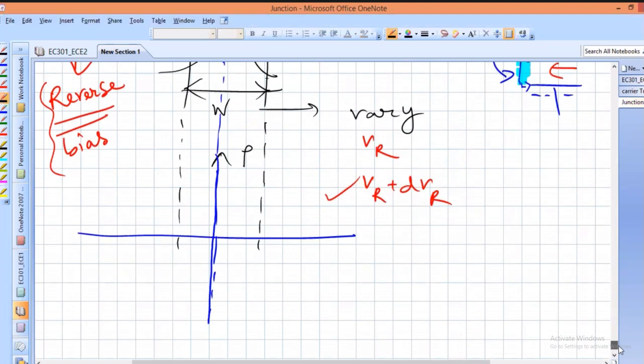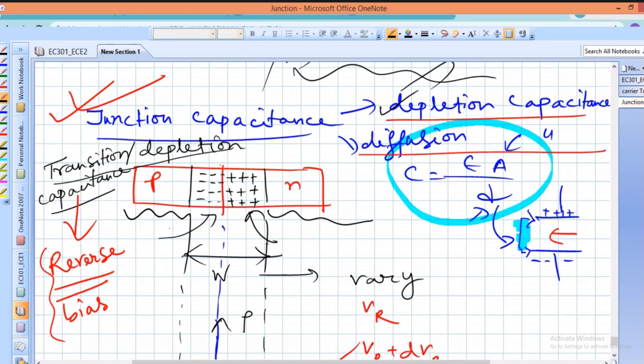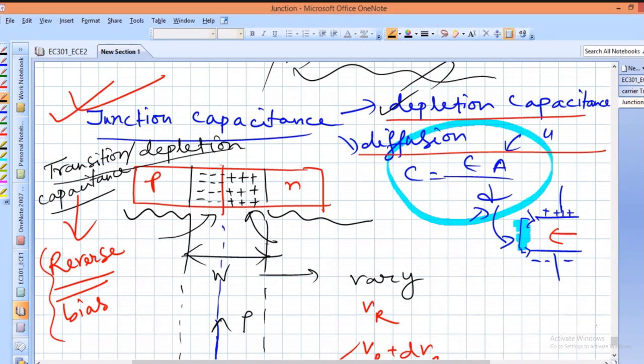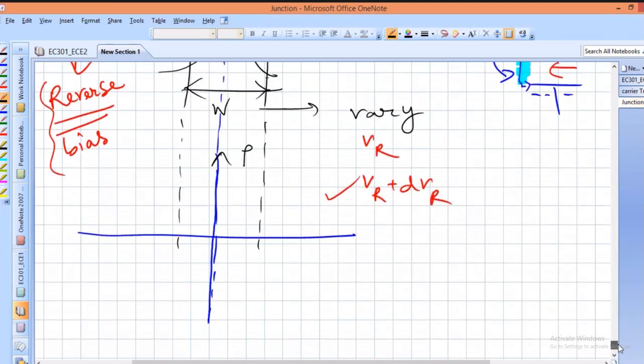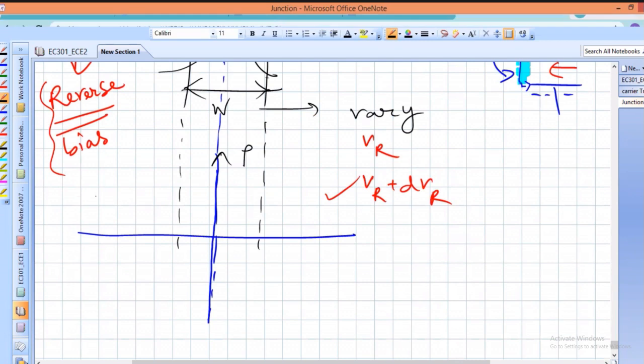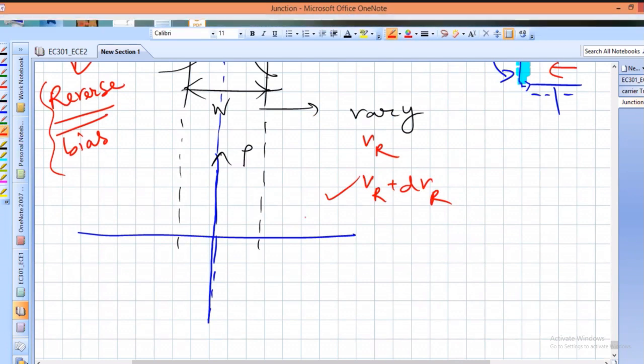We'll see here, because after that, the N region and the P region are neutral. There is no uncovered positive or negative charge. They are the neutral N region and neutral P region. So what will be the distribution of the charges? The distribution of the charges will be like that.